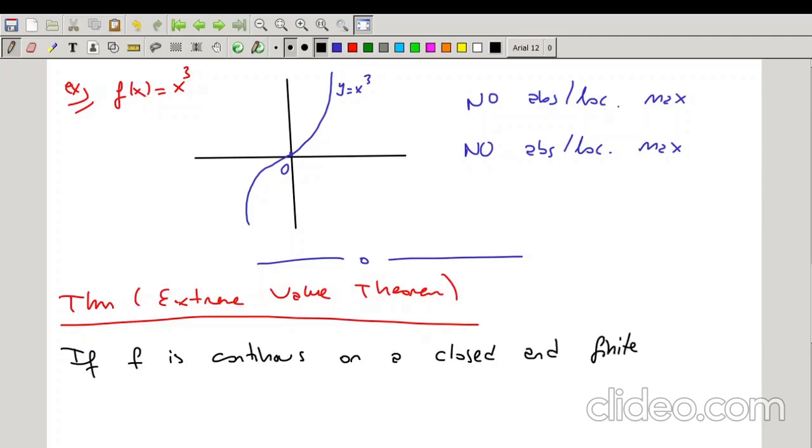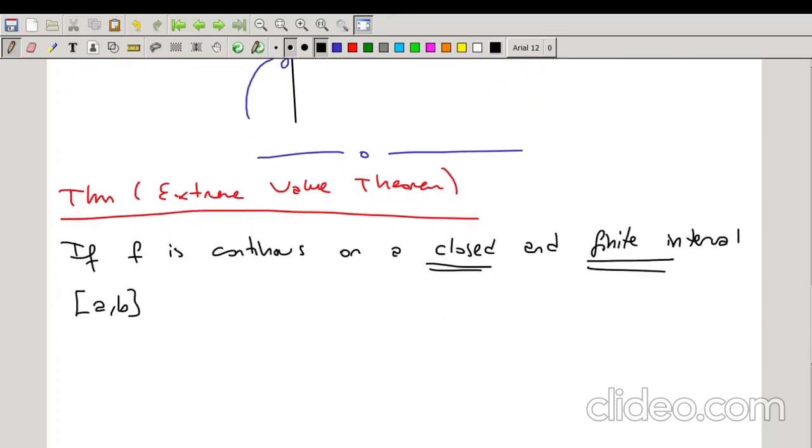If you already know the meaning of closed and finite interval, instead of writing that, you can directly say f is continuous on [a, b]. Here we have a closed interval. Notation is important. Don't write it with parentheses; these are brackets. We have a closed interval.